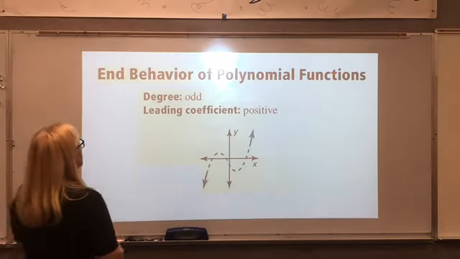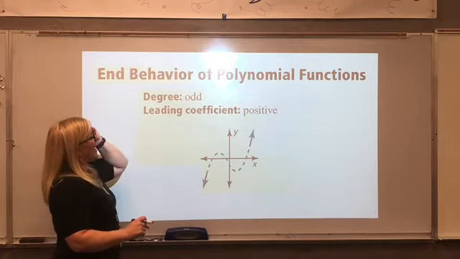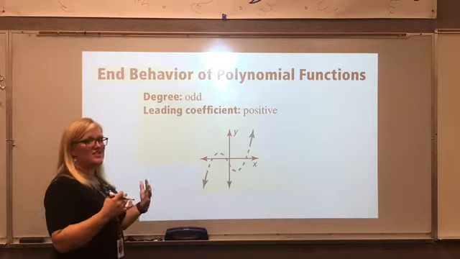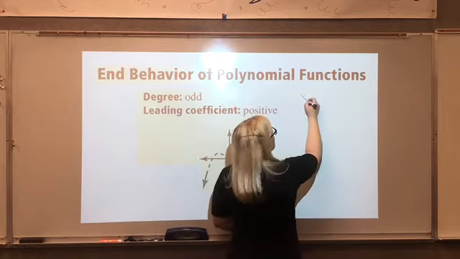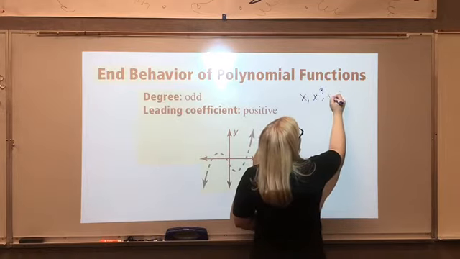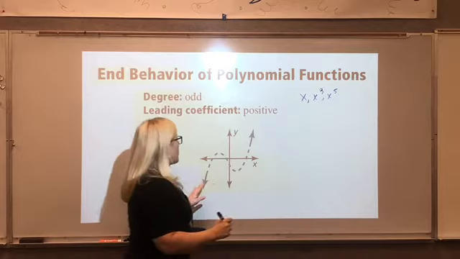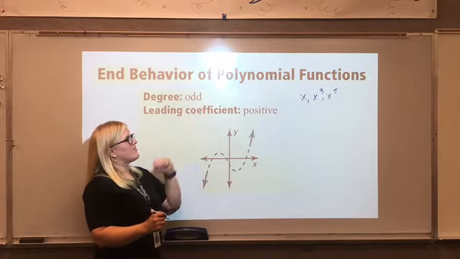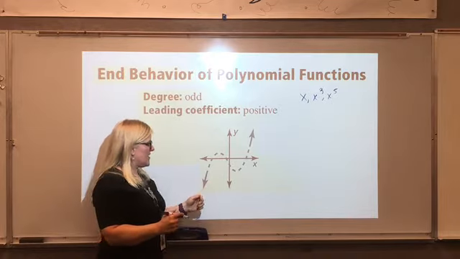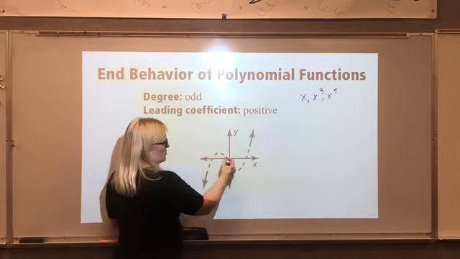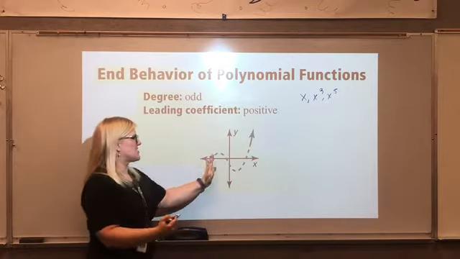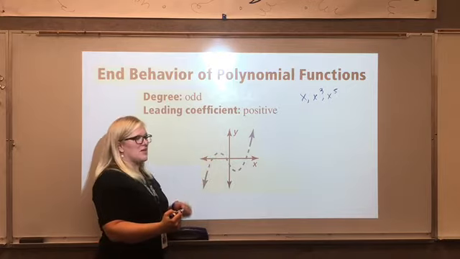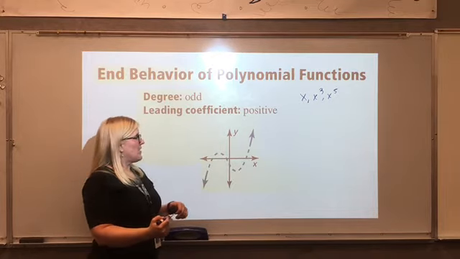Okay, so for example, if I have a polynomial that is of odd degree, so this could be x, this could be x cubed, x to the 5th, etc. It's going to look something like this if the leading coefficient is positive. What's in the middle, though, we're not really concerned about. We're concerned about the end pieces.